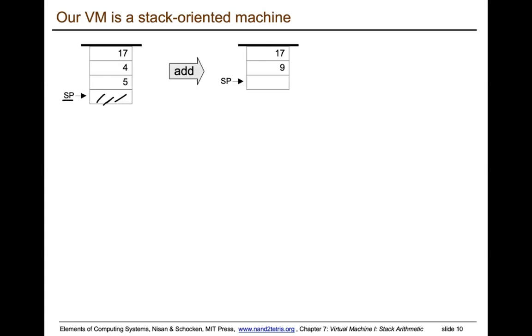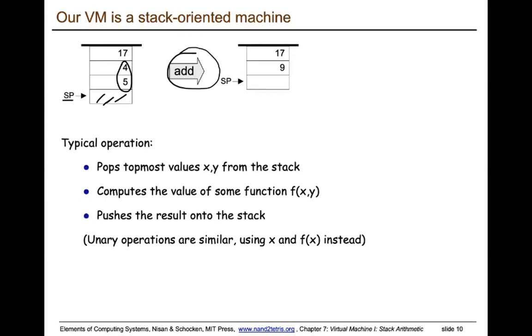Now I want to process add, which means I will pop two values, so I let SP plus 1, plus 2, to get these two values, add them together and push the result back to the stack. So finally you get 9 here. Add pops the topmost values x and y from the stack, computes the value of some function f of x and y, and pushes the result onto the stack.